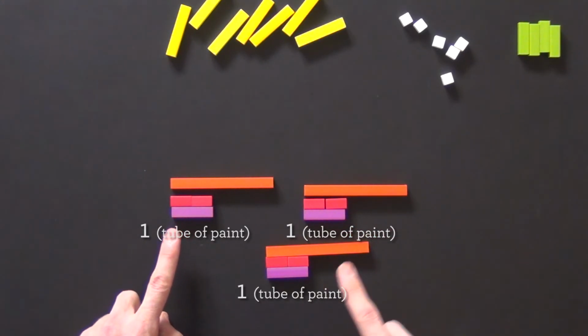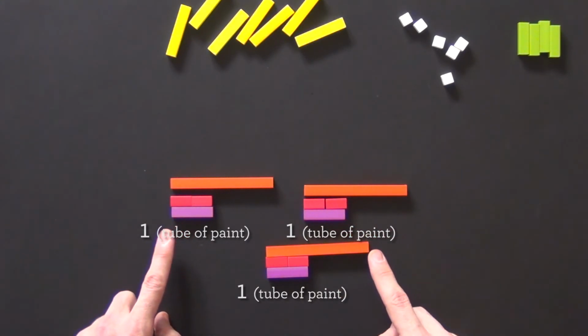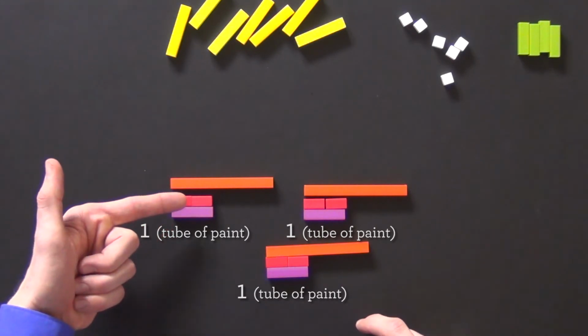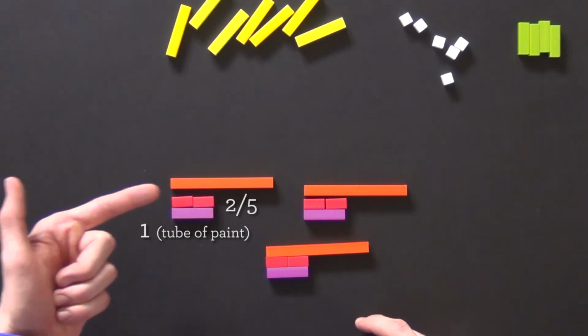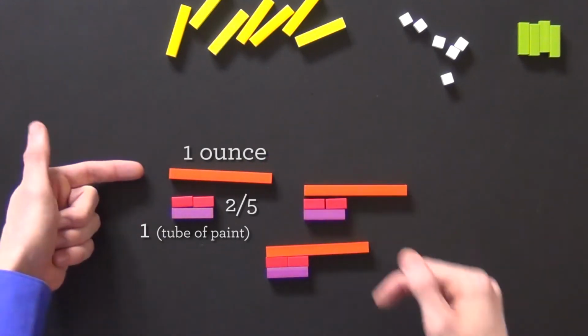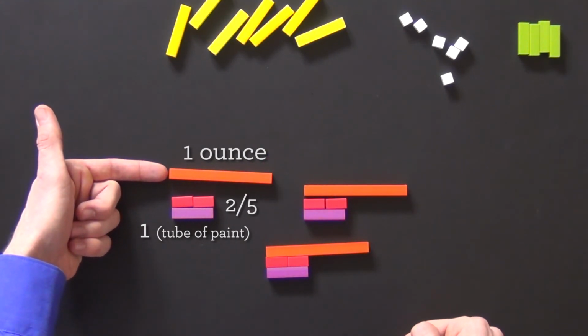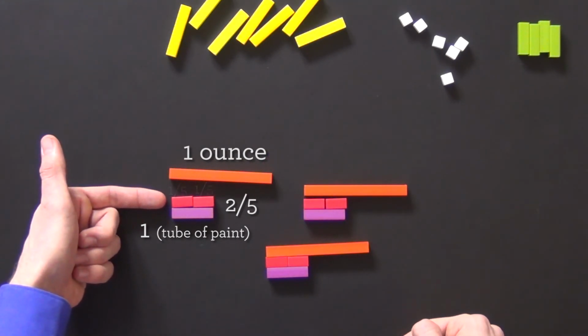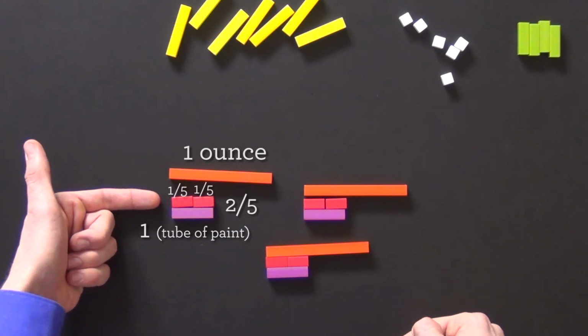If each purple represents a tube of paint, then it's composed of a red and a red, 2/5 of an ounce. The orange represents 1 whole ounce. The red represents 1/5 of an ounce. I have 2 of them because each tube of paint is composed of 2/5 of an ounce.